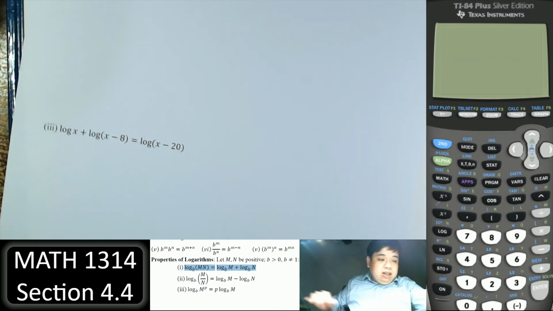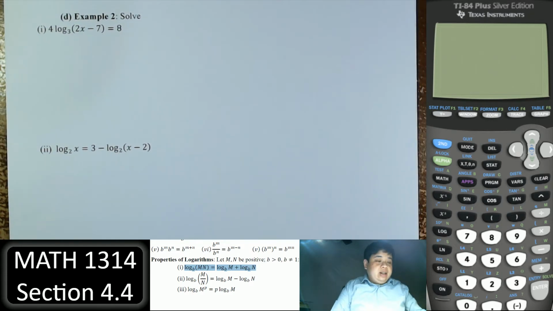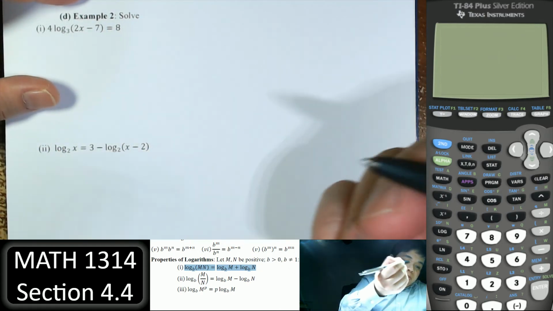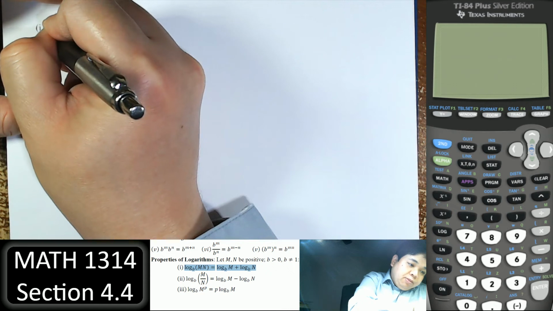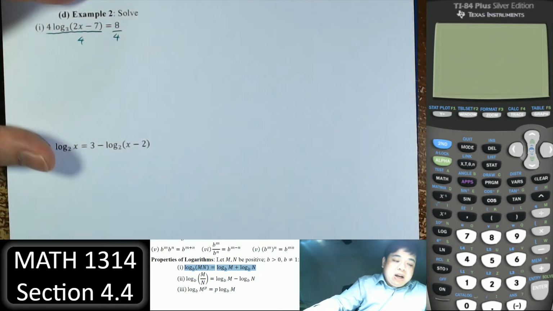But at any event, we need to check our answer. Make sure whatever we substitute into the log is positive. Make the argument positive. Right. Here we have a log and then a number. So definitely that's what we do. First, try to get the log by itself.